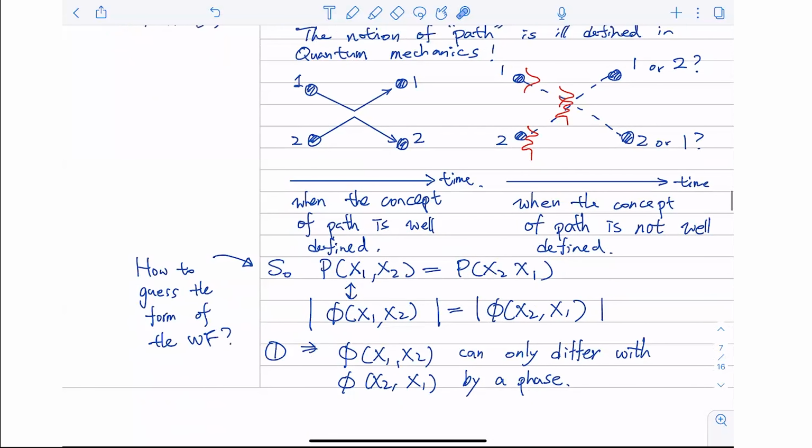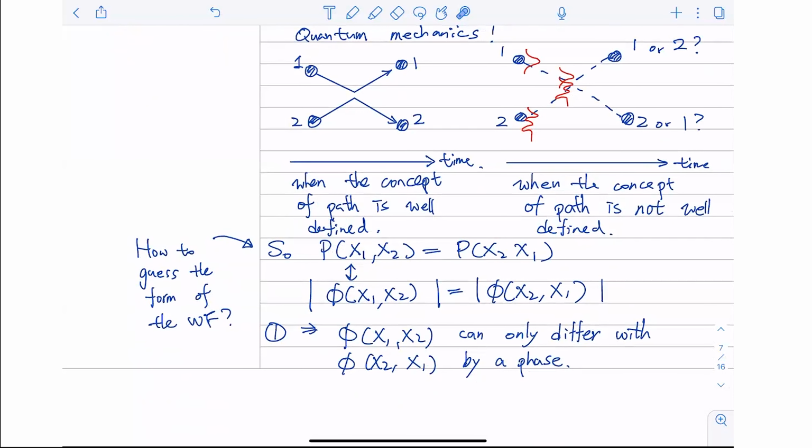From this kind of thought experiment, we must conclude that the probability for identical quantum particles to show up at positions x1, x2 must be equal to the probability for them to show up at x2, x1.